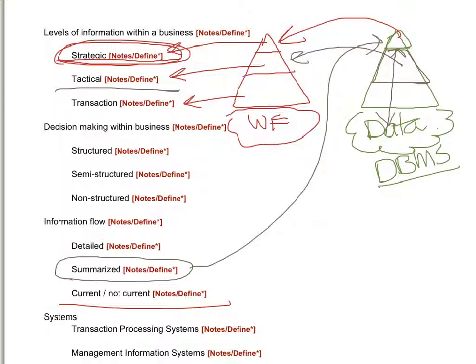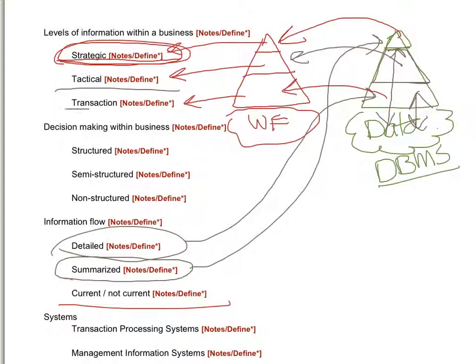And then detailed information, a lot of that rests here. That information coming in and out is being managed by first line supervisors doing transactions.